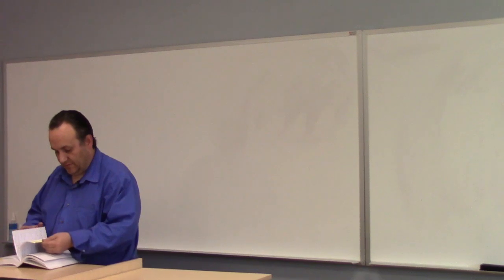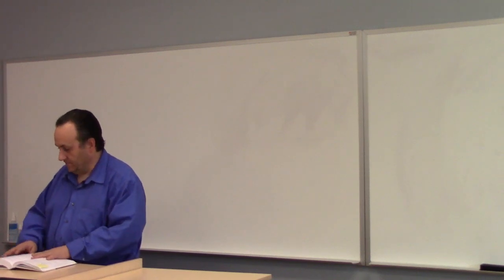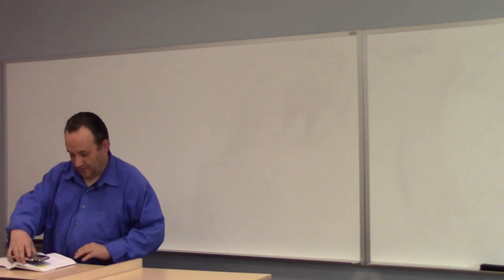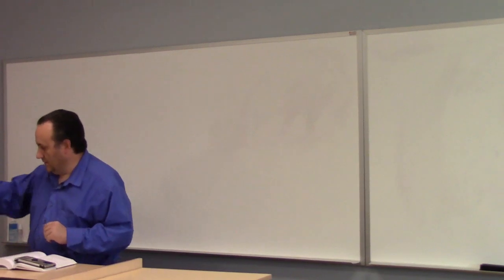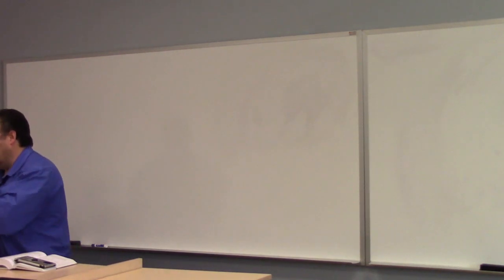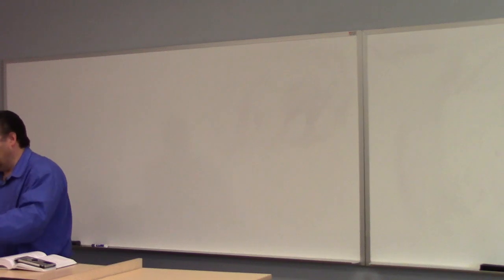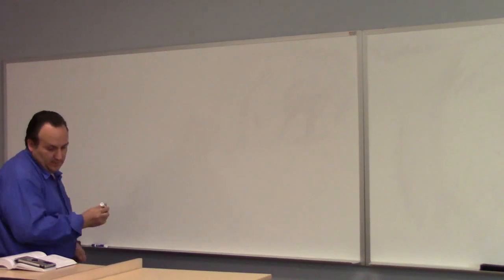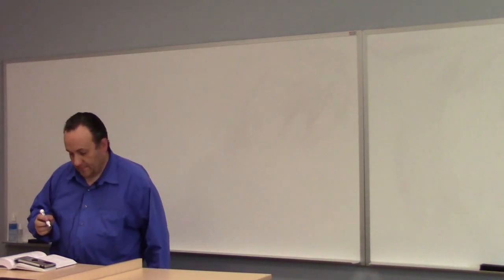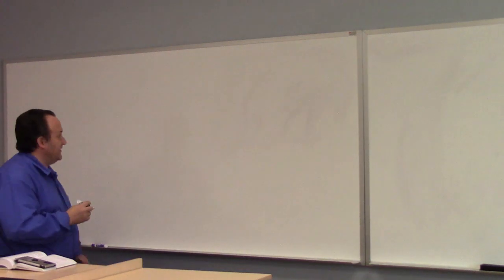All right, so we were on adjoints, right? I defined what the adjoint of a linear operator was, and I proved that the norm of the adjoint of an operator is equal to the norm of the operator.